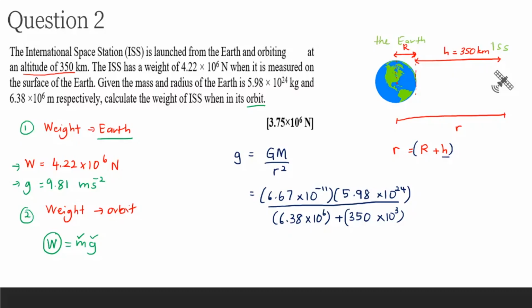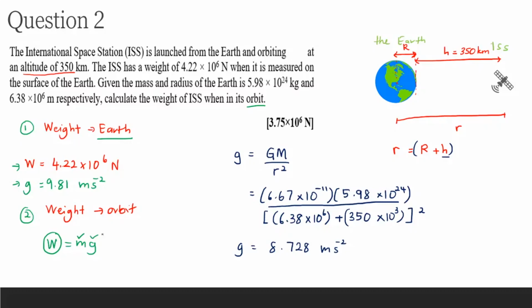All the calculations that we make in physics, it has to be in SI unit. Okay, kita calculate. Ingat kena square dekat sini. Then carry out your calculation. Kita akan dapat value of gravitational strength at the orbit, and it's 8.728 meter per second square.